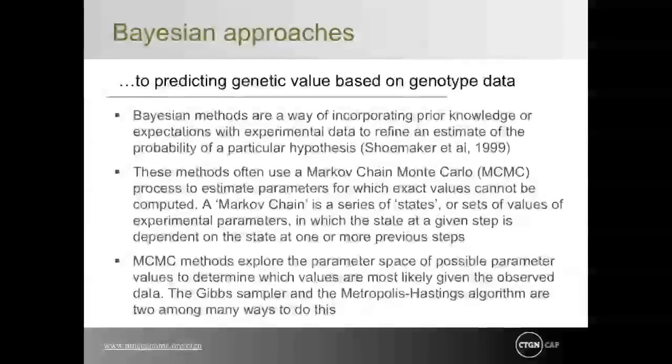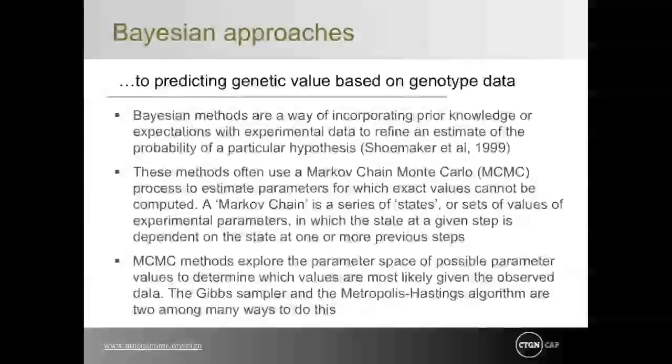Monte Carlo refers to sampling parameters at random from a distribution, named for a famous gambling resort in Europe. So, the Markov chain Monte Carlo methods explore the parameter space of possible parameter values to determine which values are most likely given the observed data.